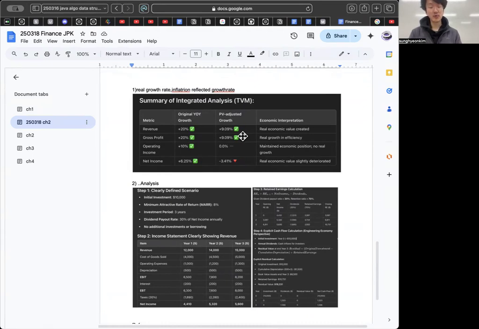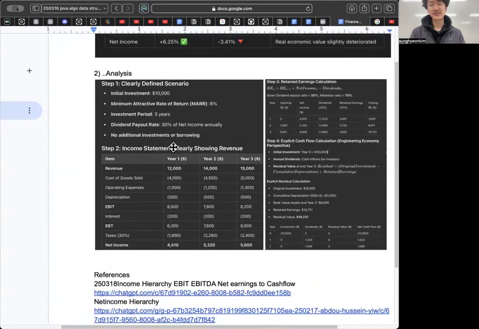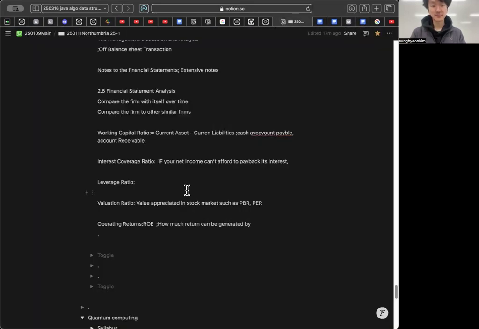In engineering economy, with an initial investment, we can make a scenario of the income statement for n years. Then we can get the retained earnings calculation, and based on it, we can do cash flow calculation. So are we really earning the money or are we losing the money?